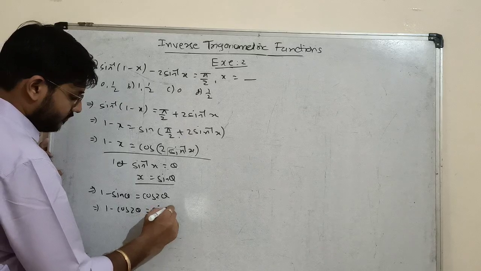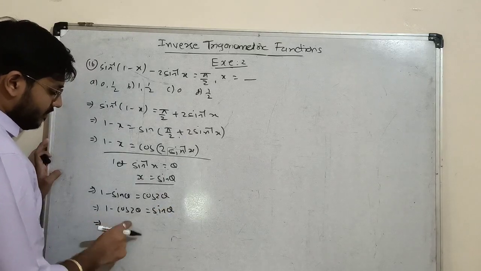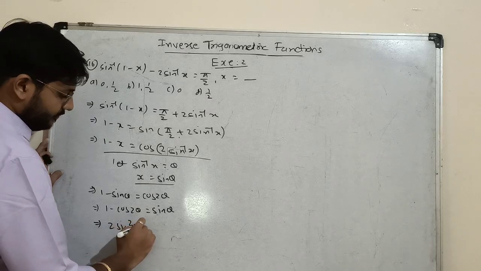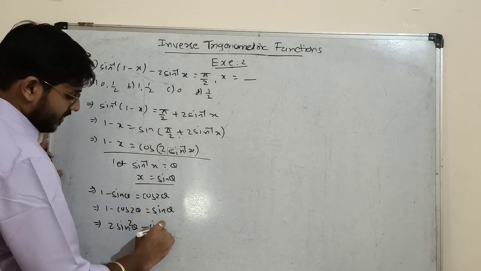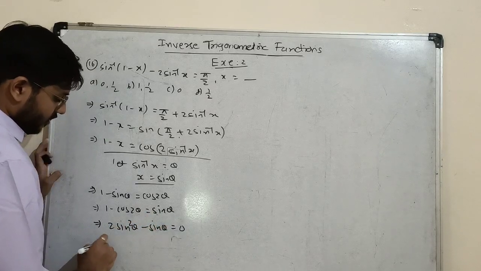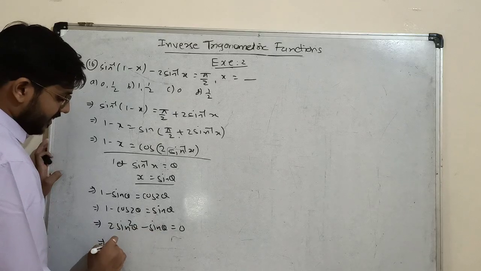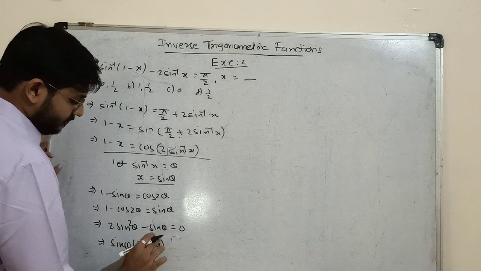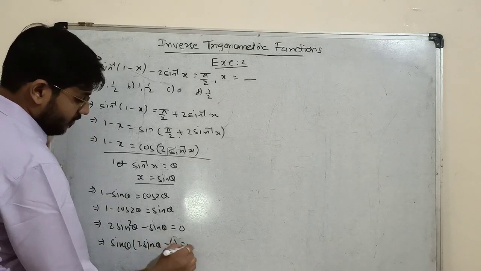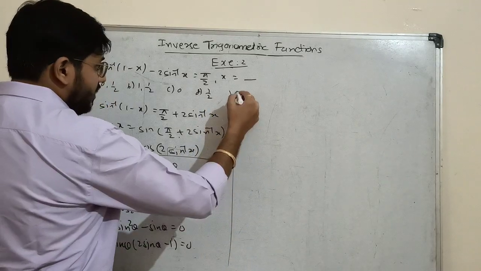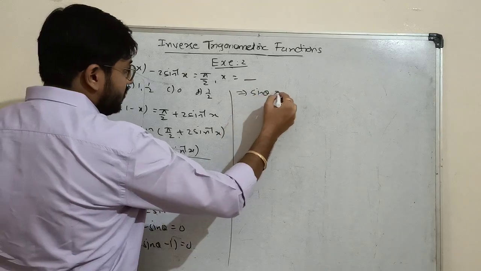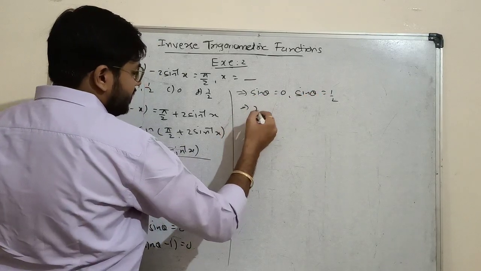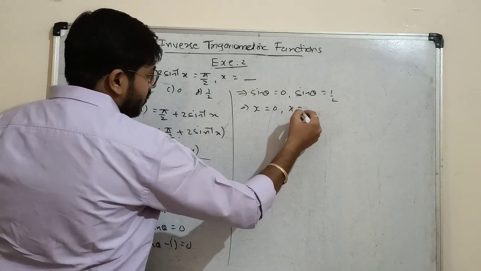Now we can replace 1 minus cos 2 theta as 2 sine square theta, and then minus sine theta equals 0. From this I can take sine theta common. So I will get sine theta times (2 sine theta minus 1) equals 0, which gives me two values of sine: either sine theta equals 0 or sine theta equals half. That means either x equals 0 or x equals half.